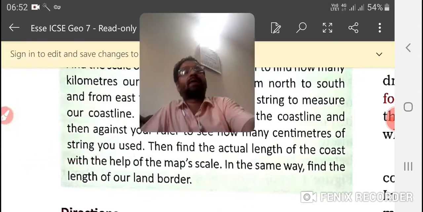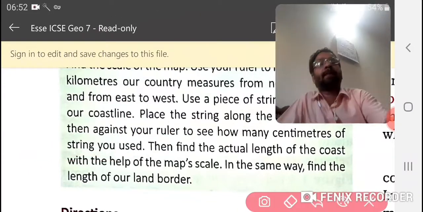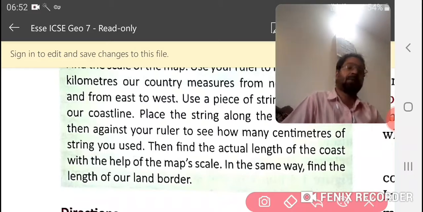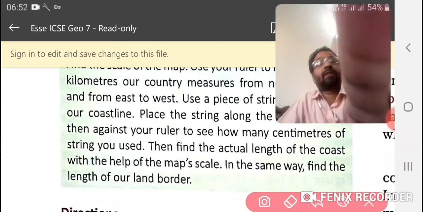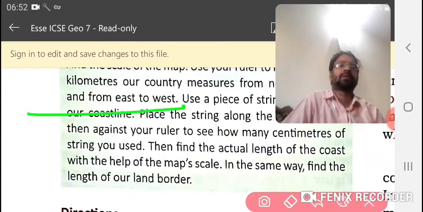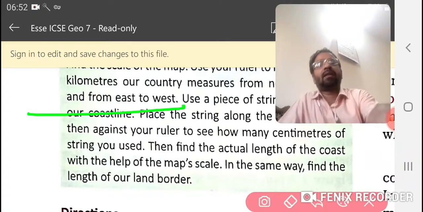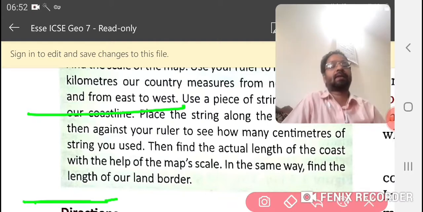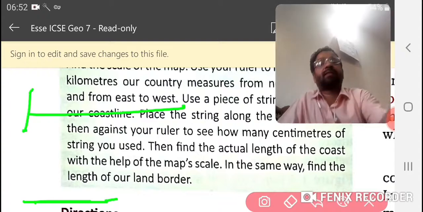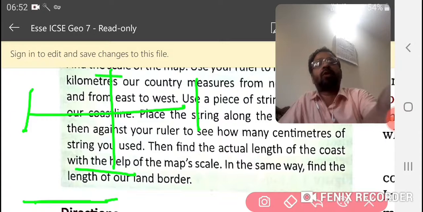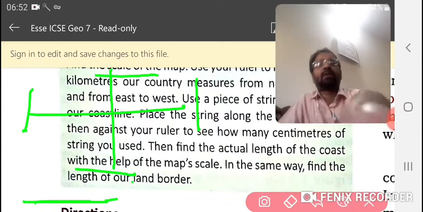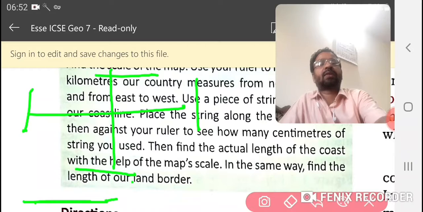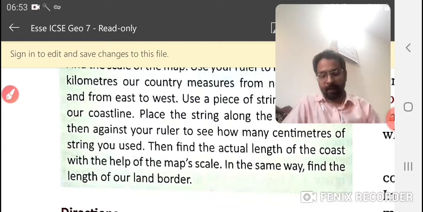So, first you have to get a political or physical map of India and measure it from one side to another side. Then see the scale, at the bottom it is given. First you have to find the scale and ground distance, then measure it from west to east and from top to bottom, north to south, and see what is the ground distance by using this scale.